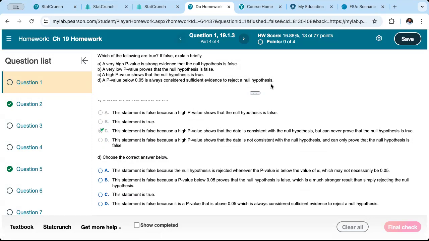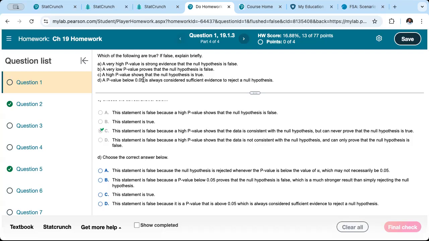Now, what is always considered as sufficient evidence to reject the null hypothesis is if the p-value is below alpha, not 0.05. Alpha could be 0.05, like we did earlier on. Alpha could be 0.01. Is that okay? So if you want to say always, we shouldn't limit ourselves to only 0.05.